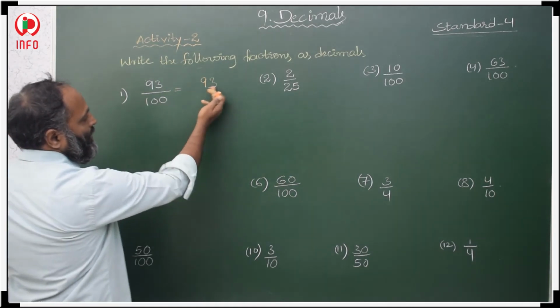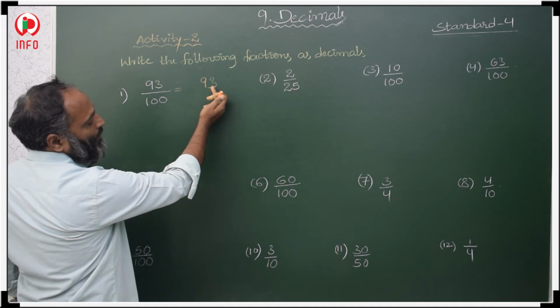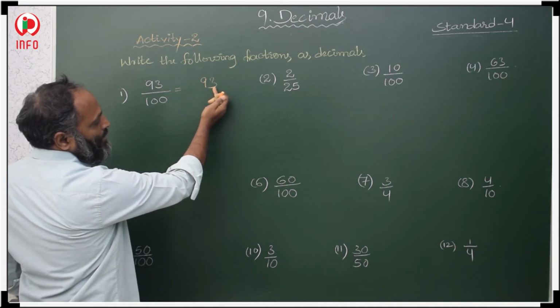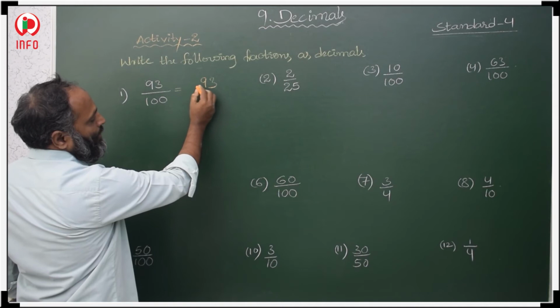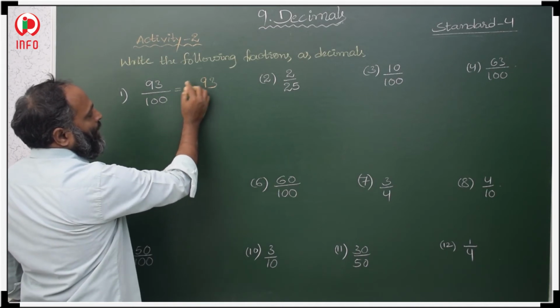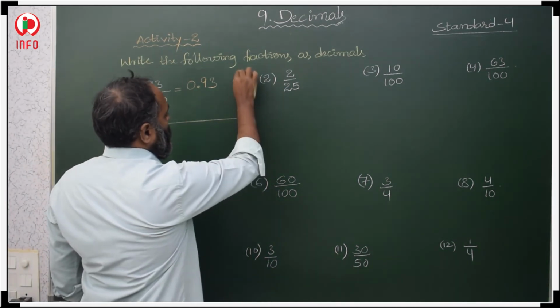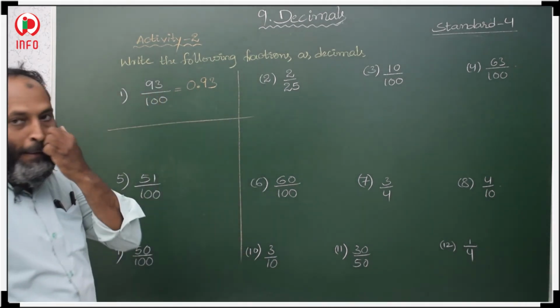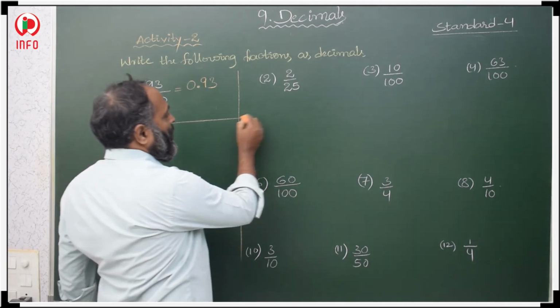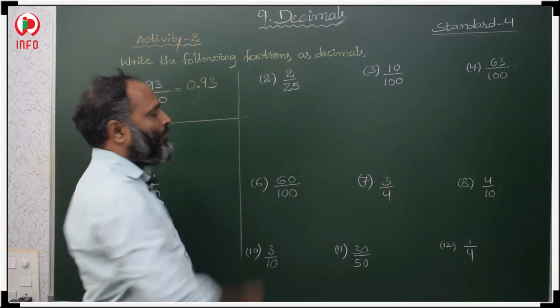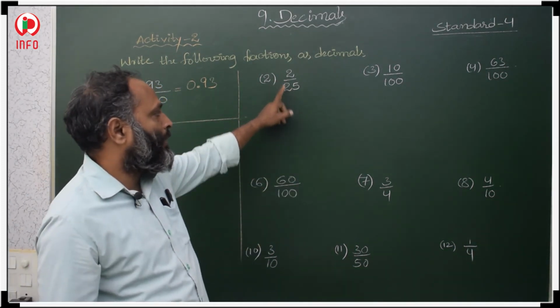So from right to left, after 2 digits we keep a decimal. After that nothing is there, so we write 0. Okay, 0.93.